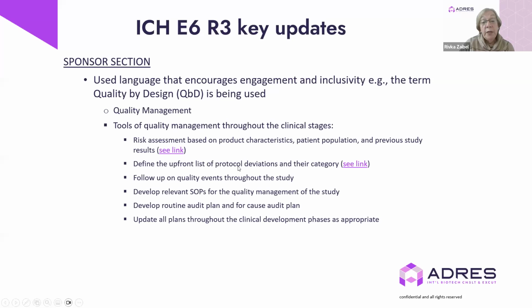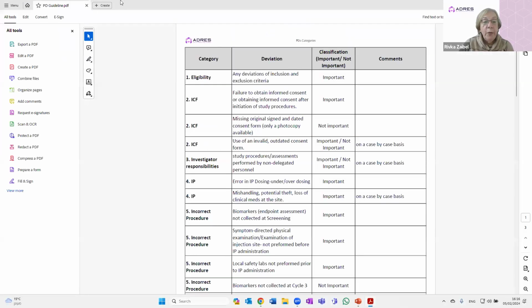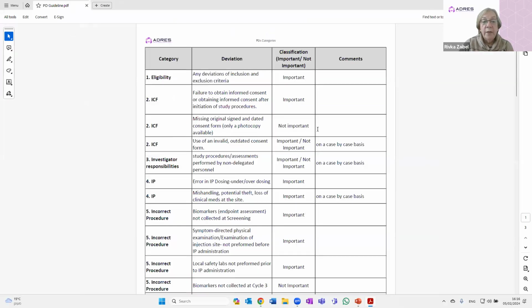Define the upfront list of protocol deviations and their category. So I have an example here. I will go through that very quickly because we discussed that earlier. In the category of eligibility deviation, any deviation of inclusion and exclusion criteria is an important one.